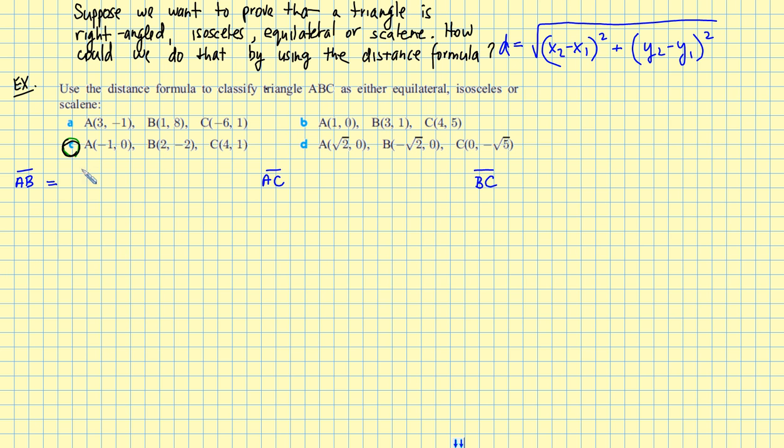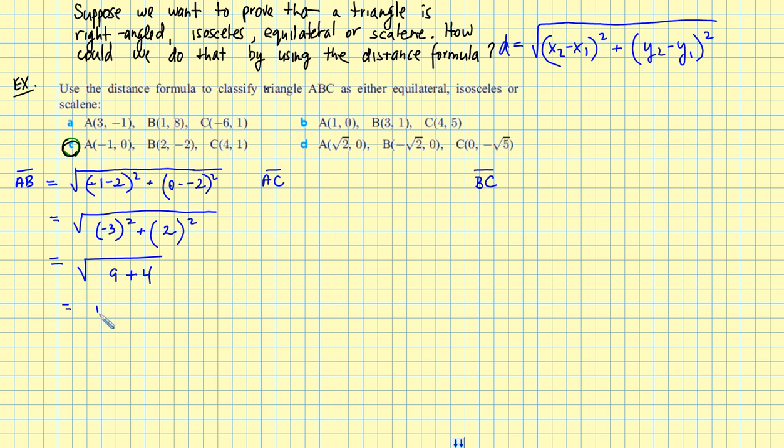So doing AB first, I'm going to do the change in the x's, so it'll be -1 minus 2, all squared, plus, and then I'll do my change in the y's, 0 minus -2, all squared, and that'll give me the square root of -1 minus 2 is -3 squared, and then 0 minus -2 goes to 2 squared, so that I get the square root of 9 plus 4, and that'll give me the square root of 13. And I'm just going to leave that as root 13.